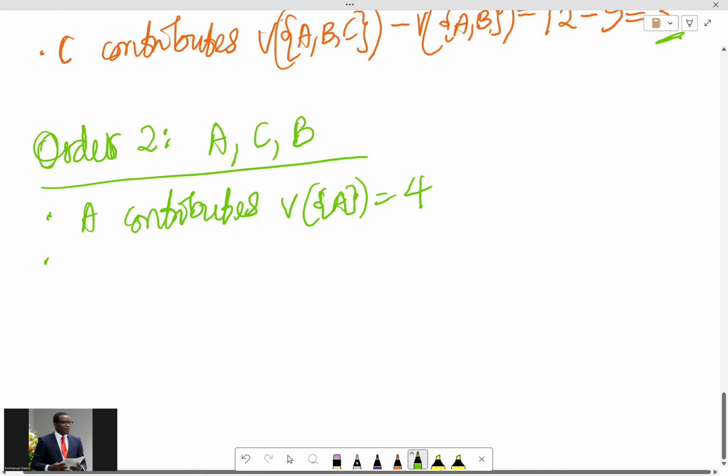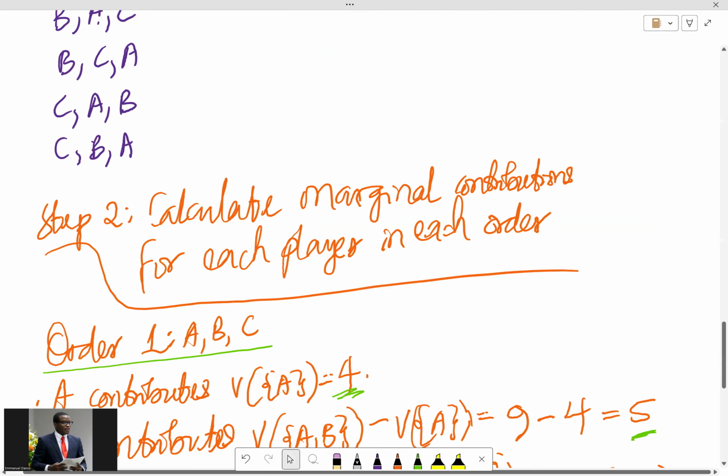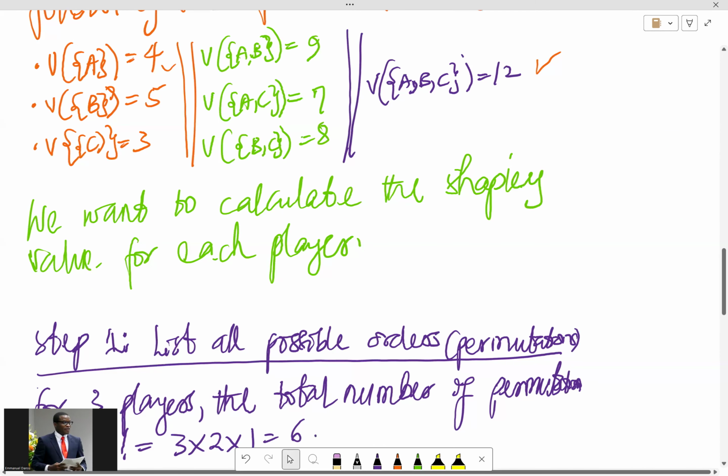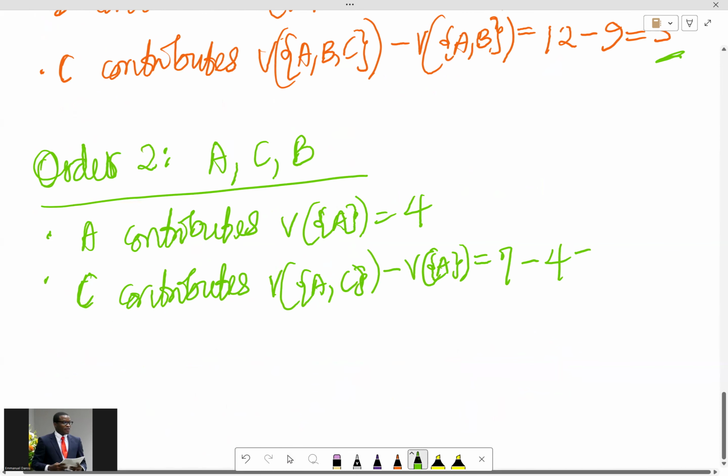Then next is C. What would C contribute now? C contributes the value of A, comma C, minus the value that only A contributes. The value of A, comma C is 7. So we have 7 minus 4, and that is 3.